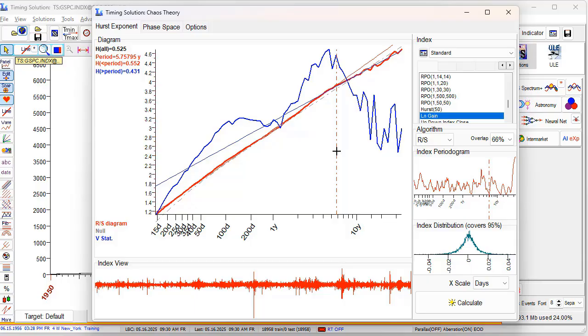Anti-persistent is return to average, and persistent is like a stock market that has some memory, another structure. So in any case, if you have an R/S chart like this, where the blue line crosses this line, it means that this is a very fractal data set.